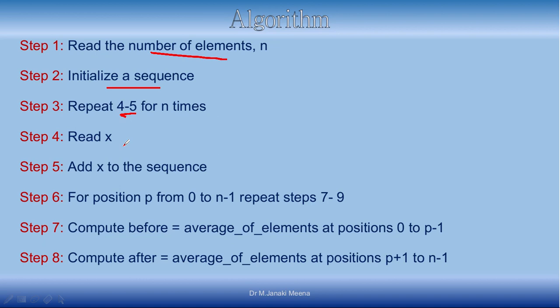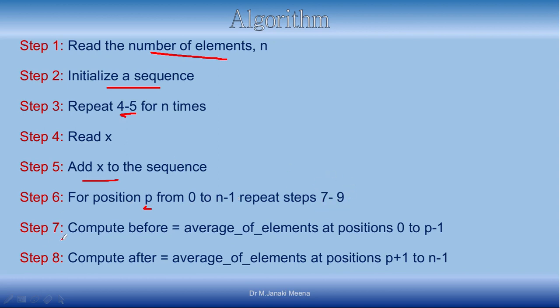X is the element in the sequence, so we have to add the element to the sequence. These steps will form the sequence. After forming the sequence, for position p from 0 to n minus 1, we are going to repeat steps 7 to 9.